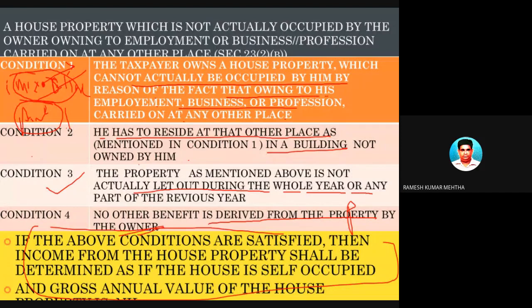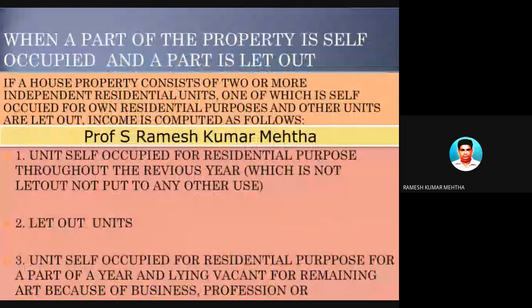If these four conditions are fulfilled, then the income from the house property shall be determined as if the property is self-occupied. It will be deemed self-occupied, and as already discussed in situation 1, the gross annual value of a self-occupied house property is nil. Hope it is crystal clear.